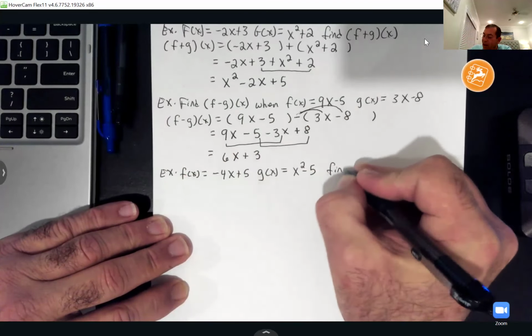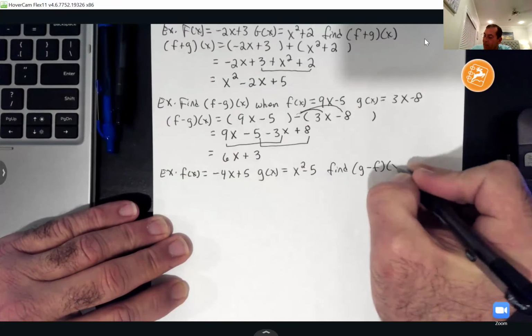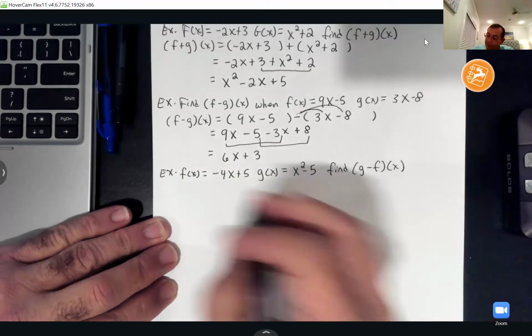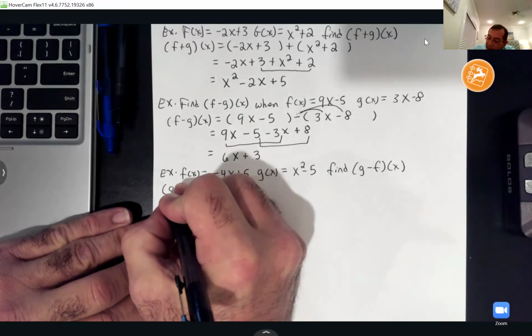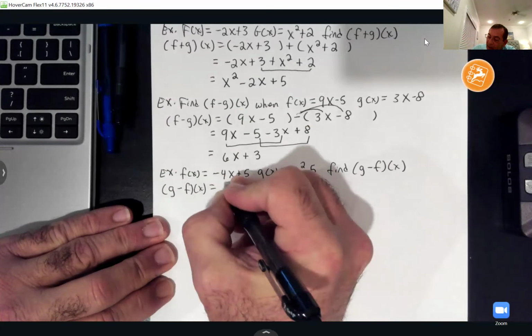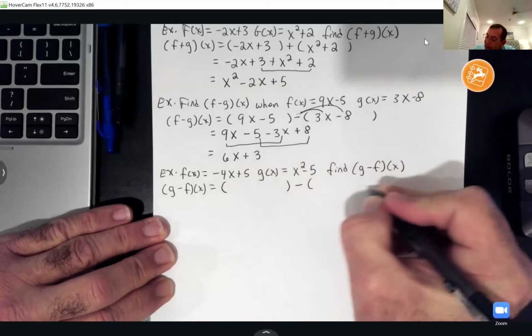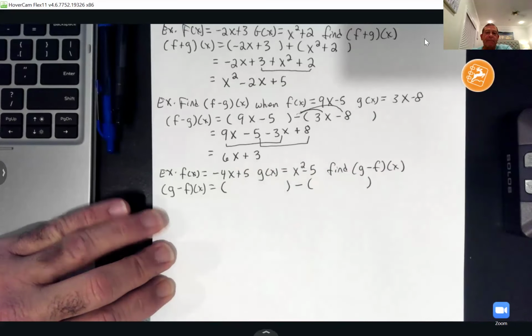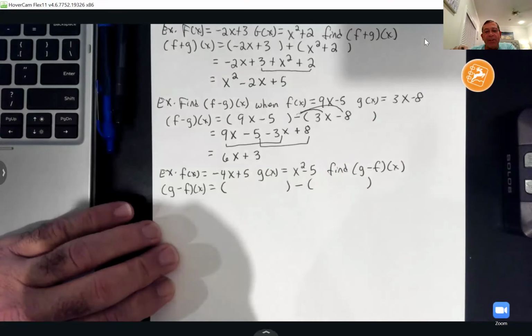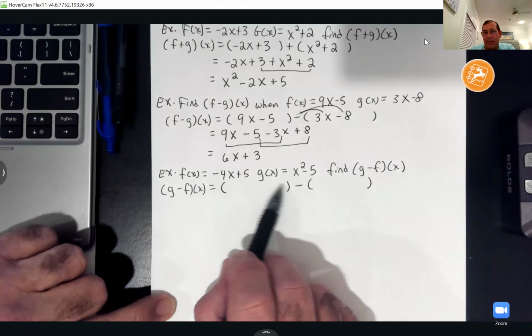And we're going to find g minus f of x. So we know g minus f of x will equal my first function minus my second function. But what I'm interested in is what are y'all putting in this first parentheses?